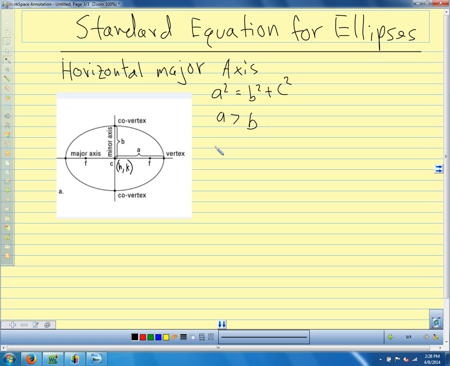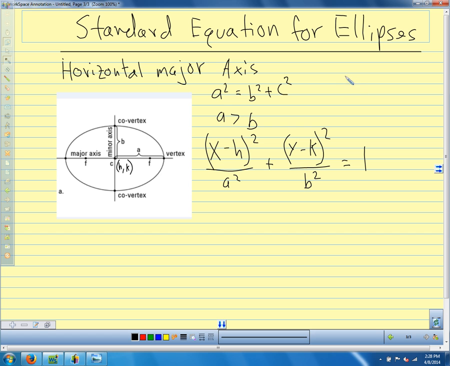Our equation: x minus h squared over a squared plus y minus k squared over b squared equals 1. So we can tell when our major axis is horizontal because the bigger number, a squared, is under the x.